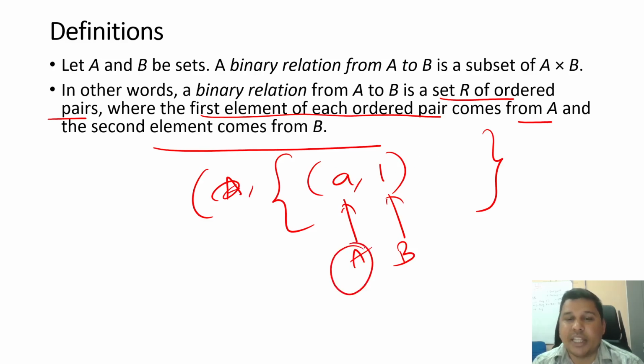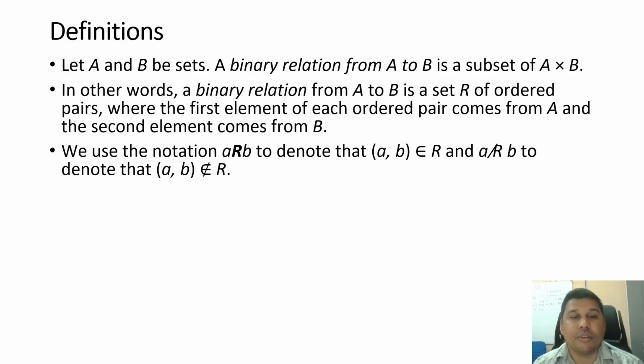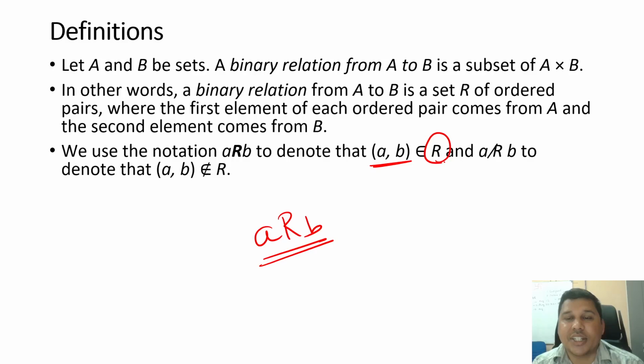First A set element, then B set element. That way we are writing them in order, right? So, we use the notation: we write a R b to denote that (a, b) belongs to relation R, and if I write a R-crossed b, it means (a, b) does not belong to the relation R.